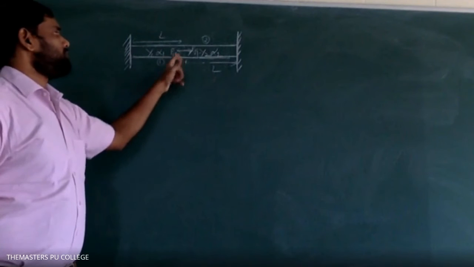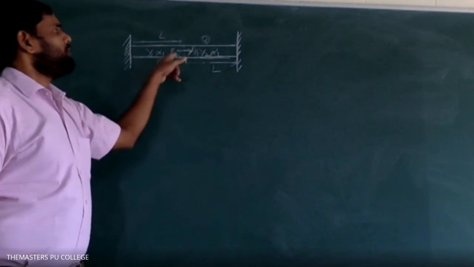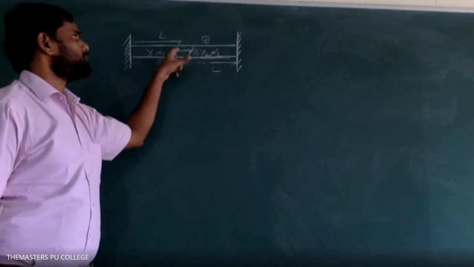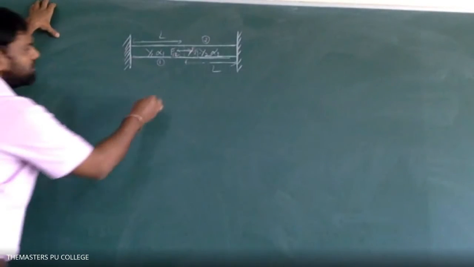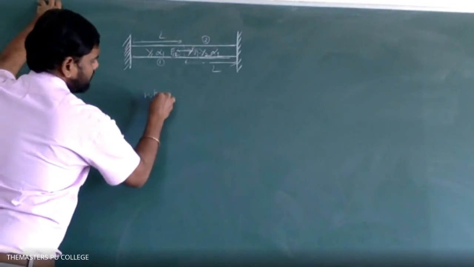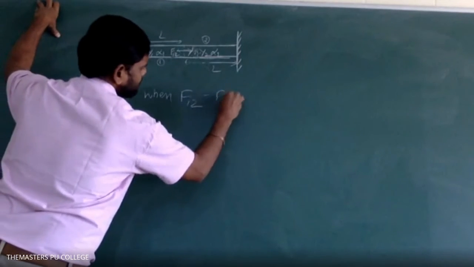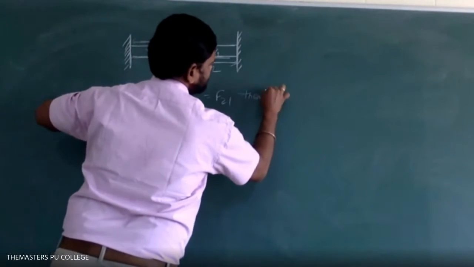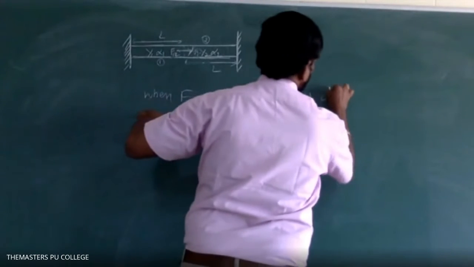If F12 is more, the junction will be displaced towards the left. If these two are equal, the forces cancel out and there will be no displacement of the junction. Therefore, when F12 equals F21, the junction does not displace.